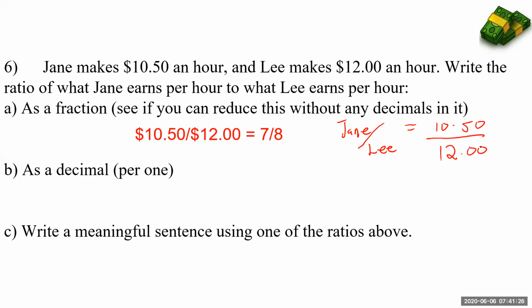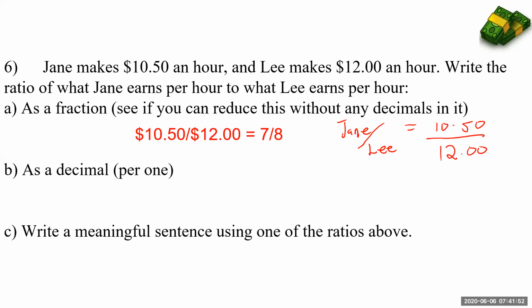You remember how we dealt with equivalent fractions. If I want to change this to a whole number, because this has one decimal place, I'll just multiply by 10. So you multiply 10.5 by 10, and that is 105.